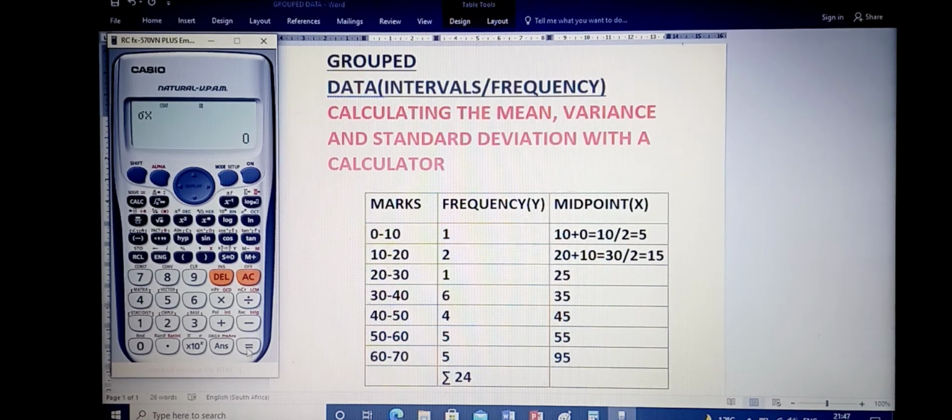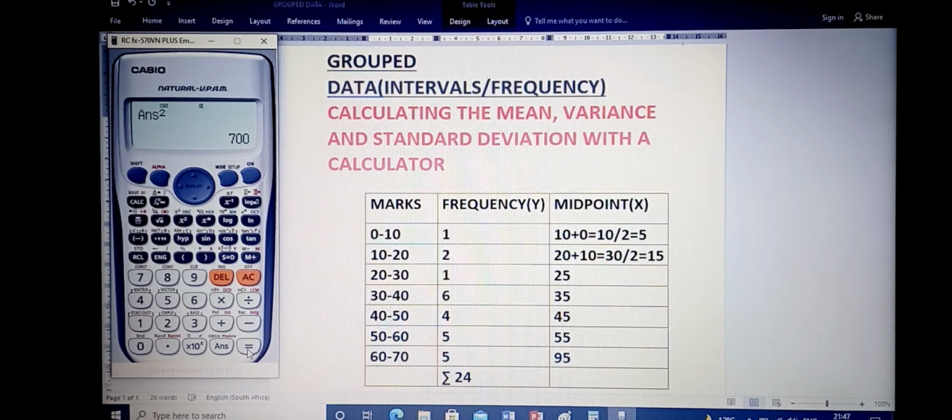Okay, press 3 equals, and my standard deviation here is 26,4575. Okay, and remember, to find the variance, I'm going to square my standard deviation, and that should give me my variance. So my variance here is 700.